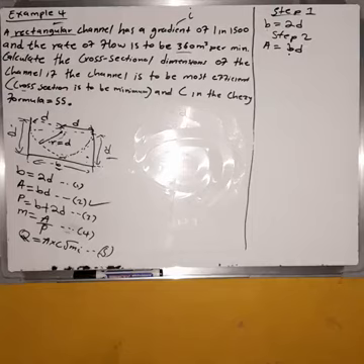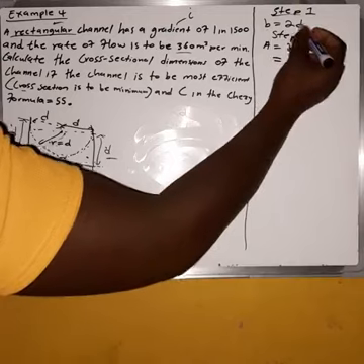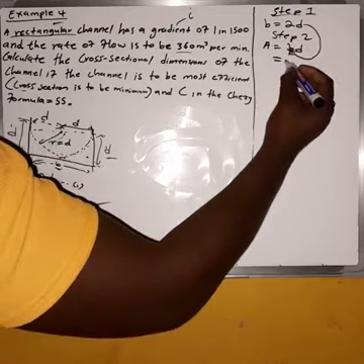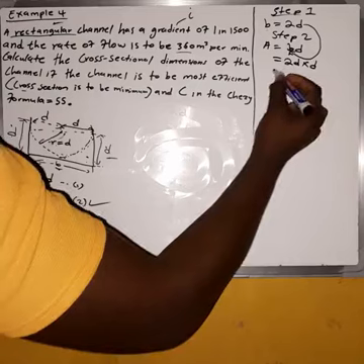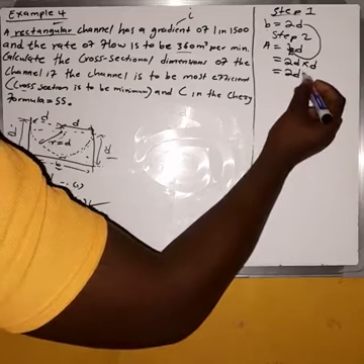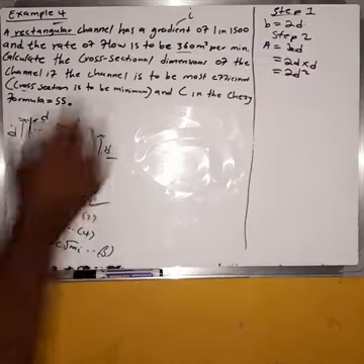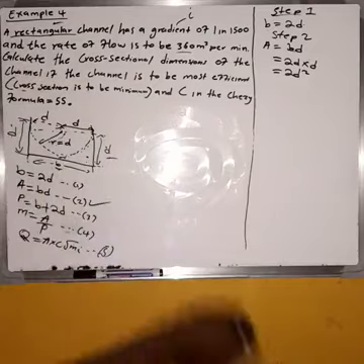Now let us calculate the area. B, substitute it there. It will be 2D multiplied by D, which will be equal to 2D squared. It's an area. We are done with this area.